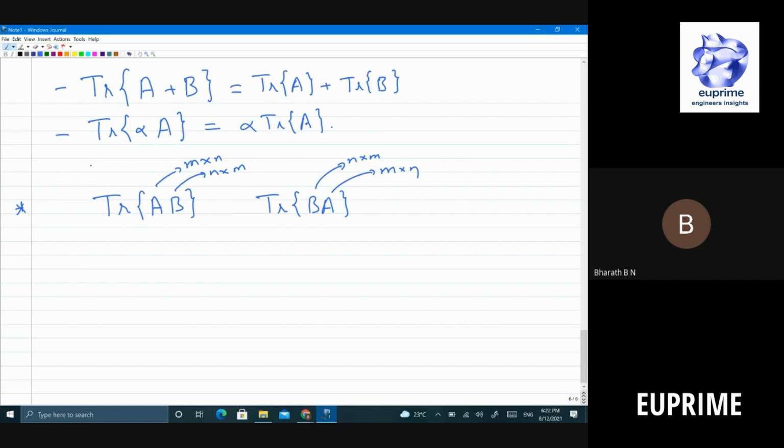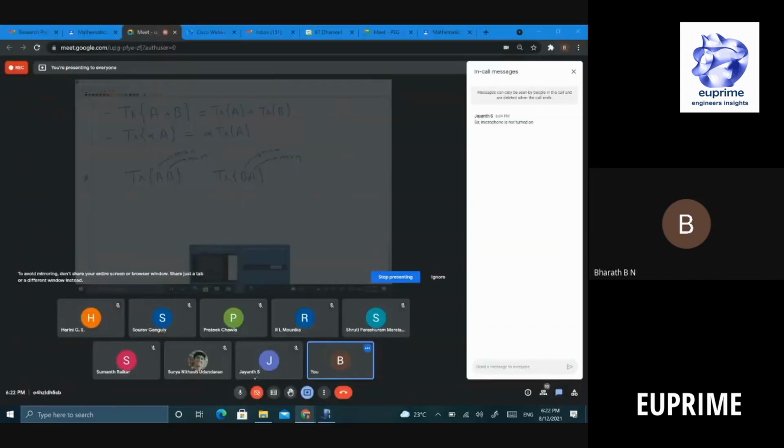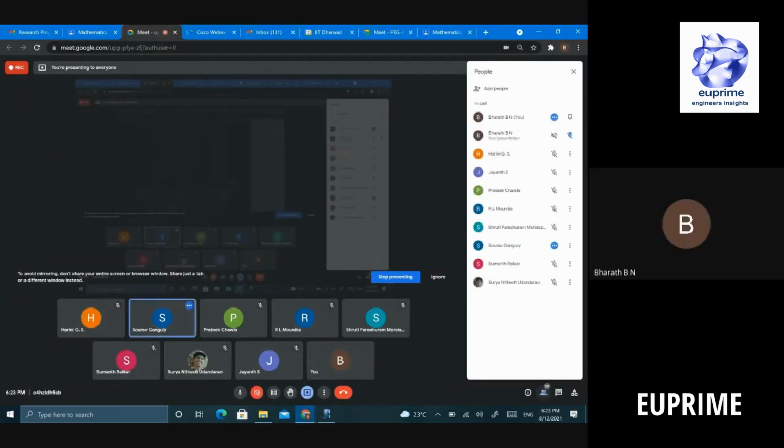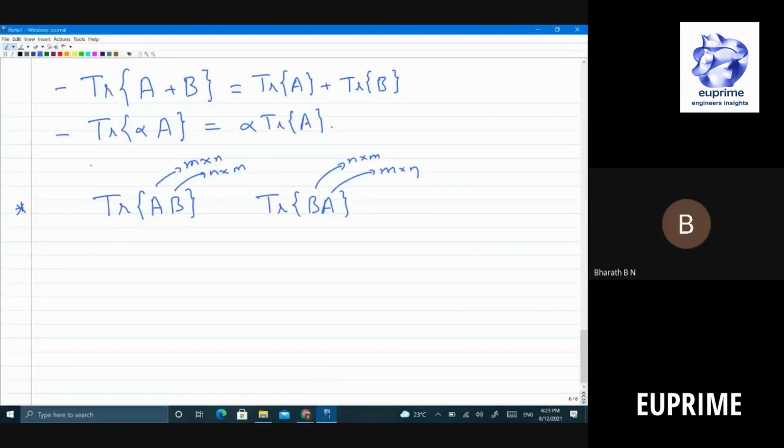Is it different or same? Any idea? Those who are online? Different? Why do you say that? Because the summation over i for the first one will run from 1 to m, and for the second one it will be from 1 to n.